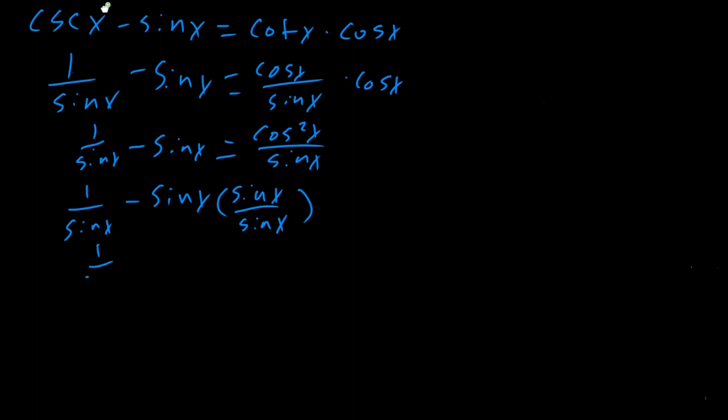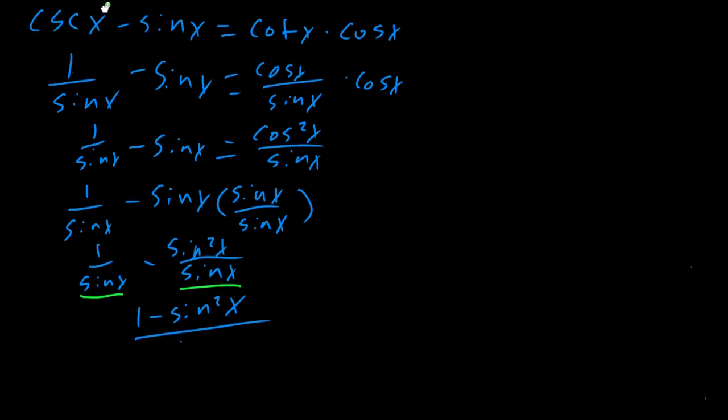So we have 1 over sine of x minus sine squared of x over sine of x. And now that these two have the same denominator, we can combine it into one term. So we have 1 minus sine squared of x over sine of x is equal to cosine squared of x over sine of x.